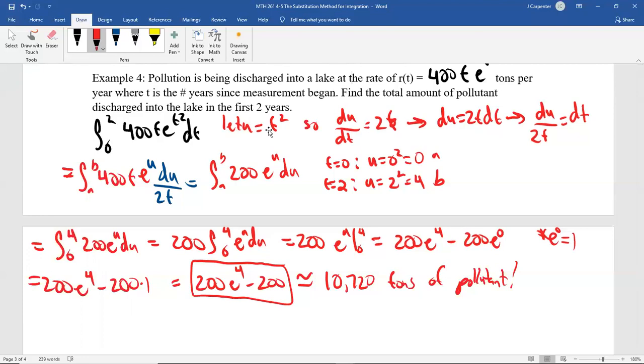So that will close out 4.5, integration by substitution. And I believe the last section we're going to cover from chapter 4 is 4.6. I'm confirming that real quick. Yeah, 4.7 is on numerical integration.